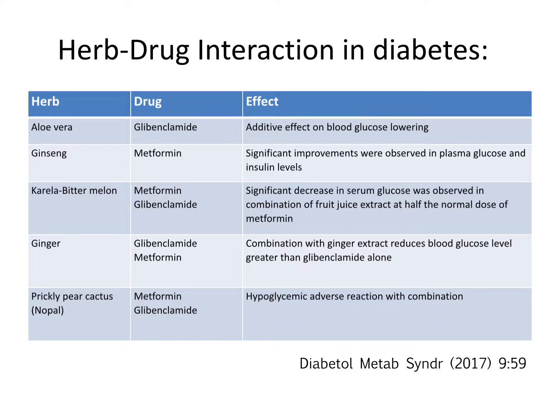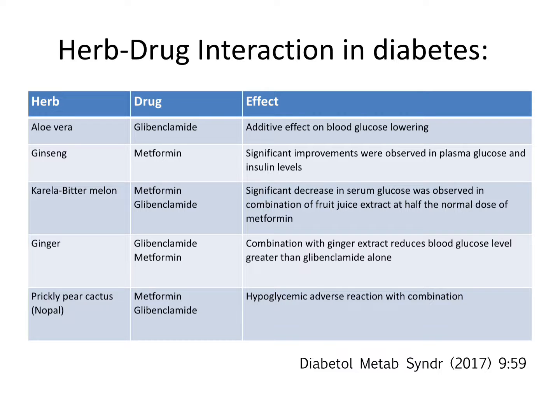For example, in India diabetes is very prevalent, so people usually take anti-diabetic drugs. Along with that, they use complementary medicines like aloe vera, ginseng, ginger, etc. So there are chances that these herbs or this complementary medicine may have drug interaction in people who are taking these medicines.